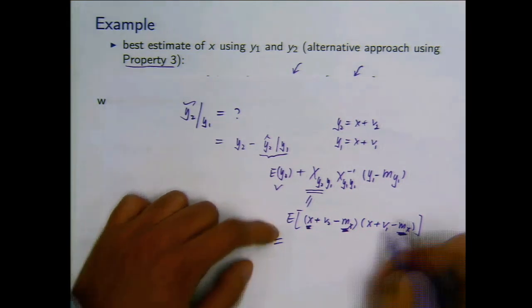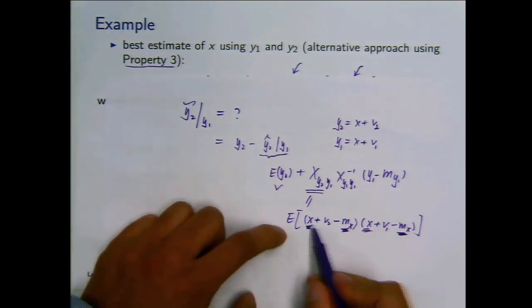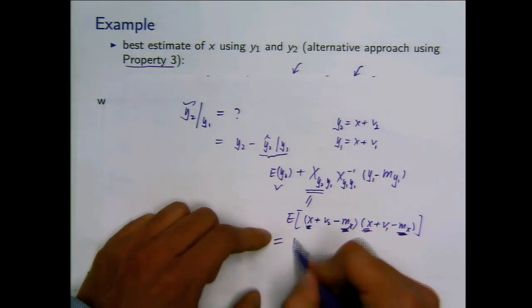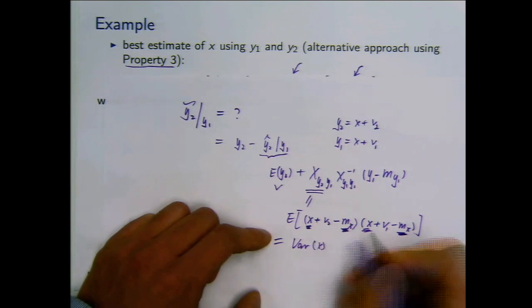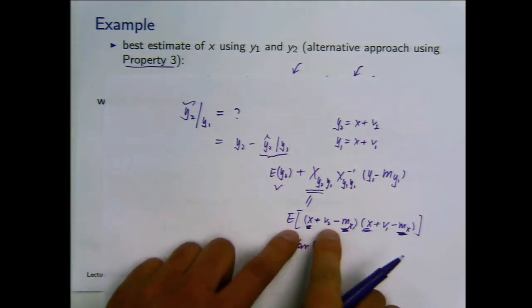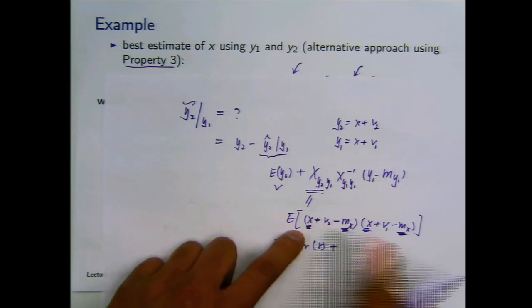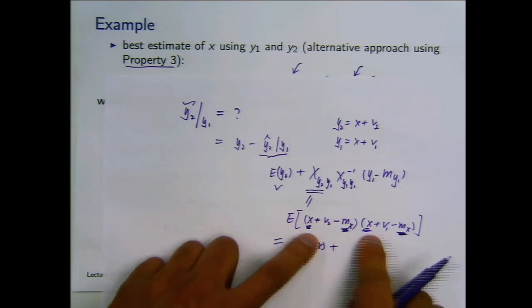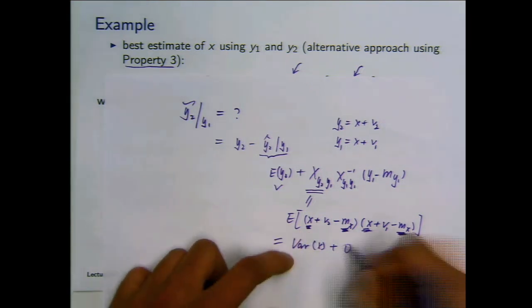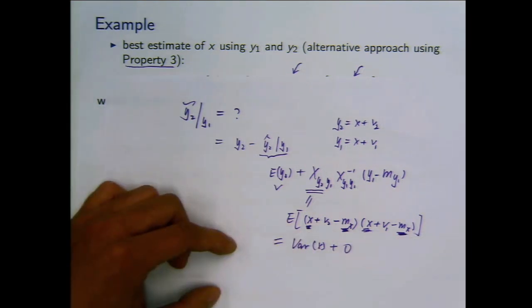Exactly. So it's x minus mx, just a shift here. Then I'm going to have a square term, so it's going to be the variance of x, plus the cross product term between v2 and x minus mx. But because of the assumptions that v1 and v2 are independent and independent from x, the result is this.